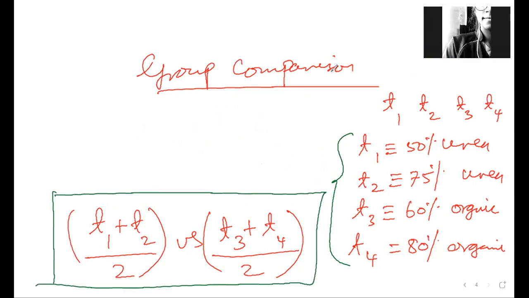In urea, highest and lowest values. 50% is lower than 75. No, so in urea, the two treatments, one is lower than the other one.